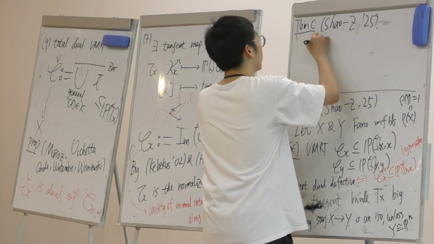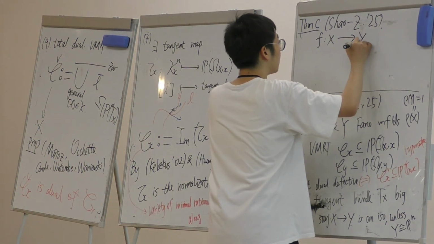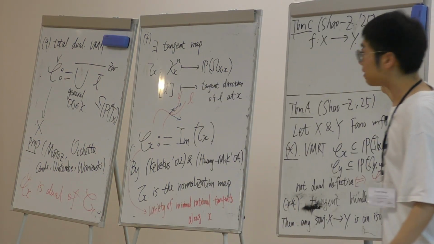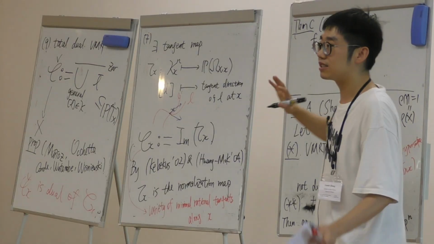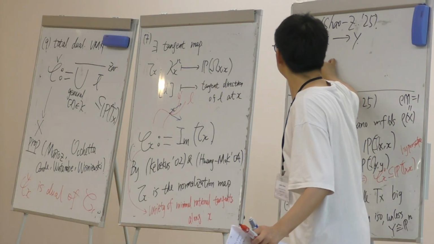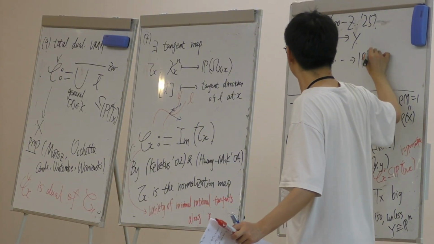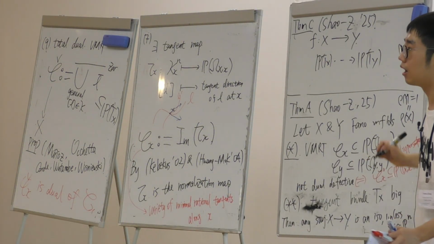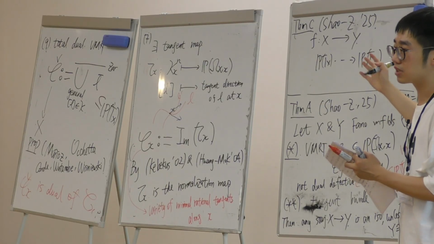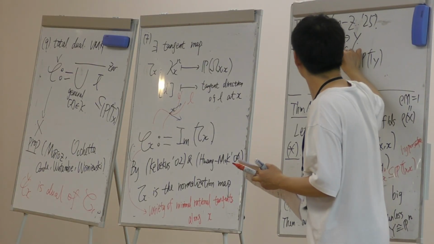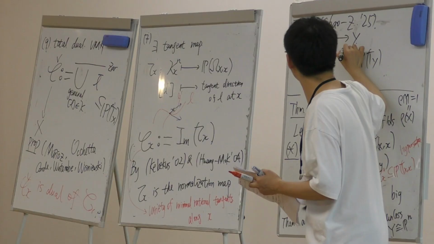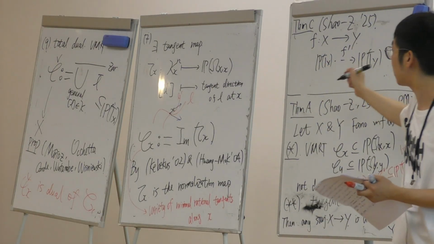For any surjective endomorphism from X to Y, there is an induced rational map from PTX to PTY. Maybe I will give some explanation of this later on. I use f prime for this induced map.